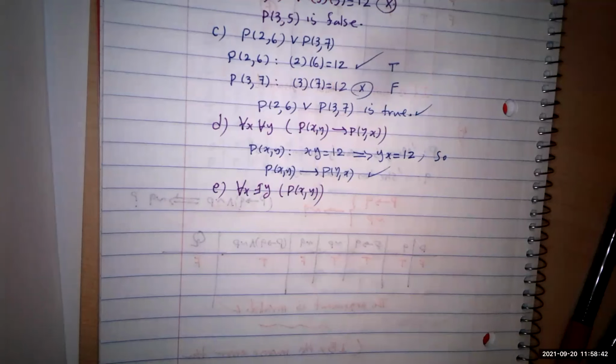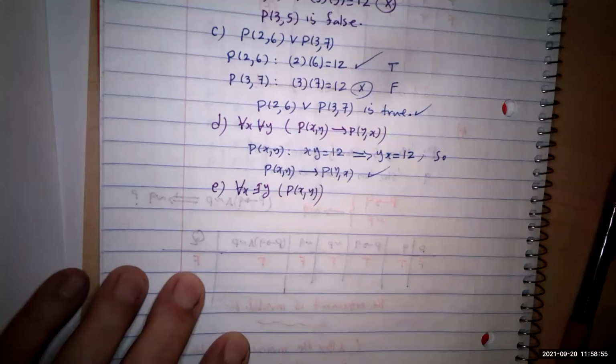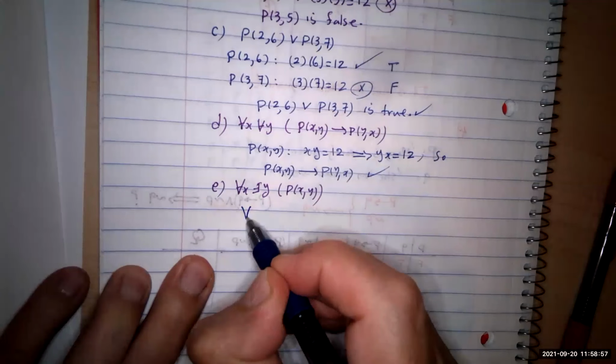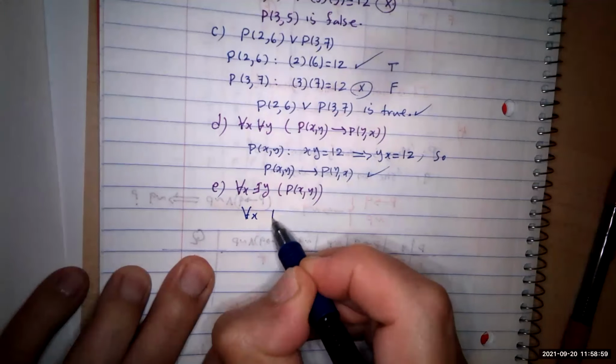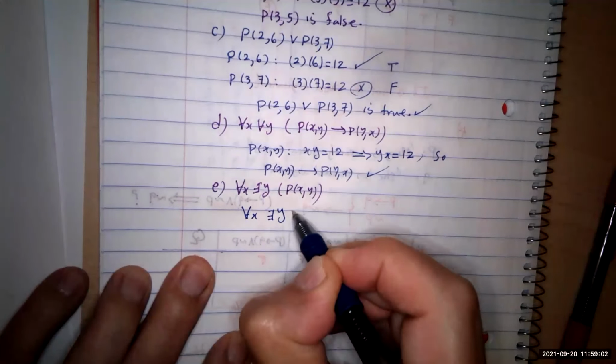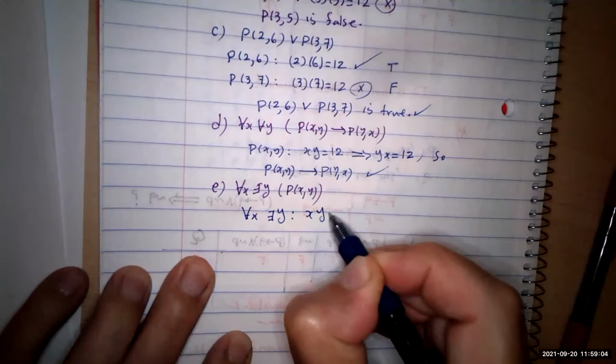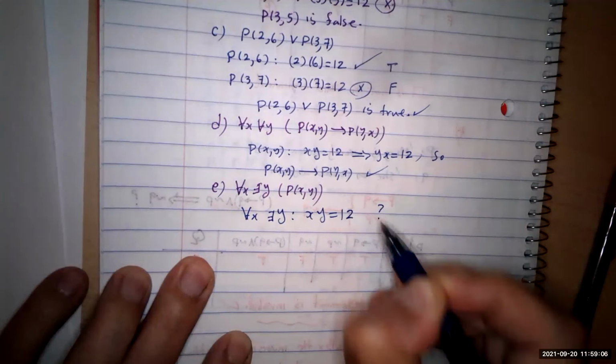I want to translate it for you: for all x, there exists a y such that x times y is equal to 12.